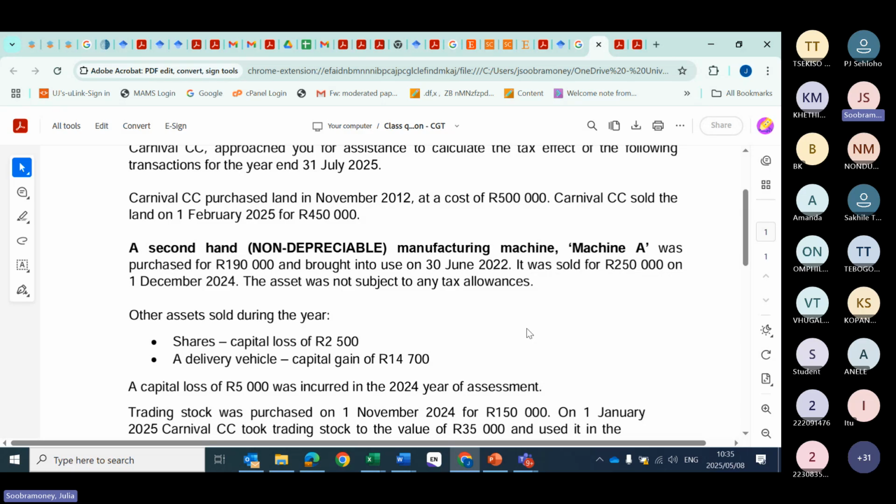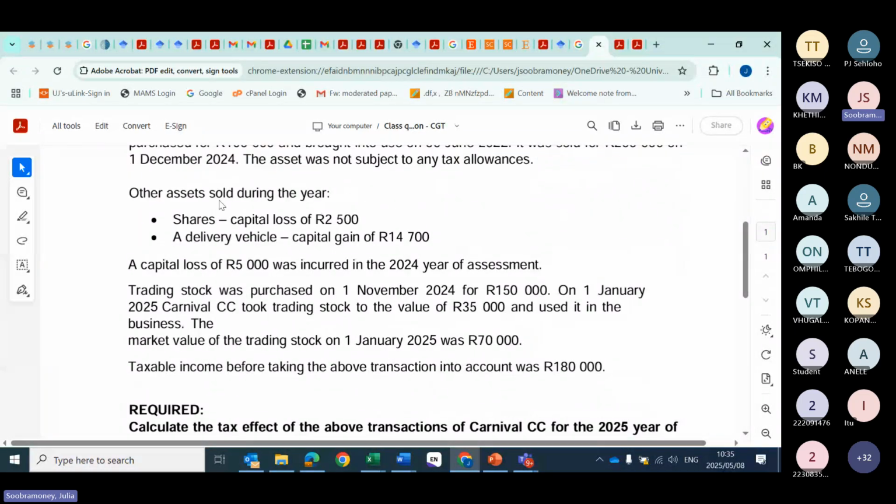Once again, no tax allowances, straightforward, no tax value, no recoupment, straight into CGT. Then it says here, capital, other assets sold, shares, we had a capital loss of 2.5. Delivery vehicles, we had a capital gain of 14,700. And then we had a capital loss of 5,000, which was incurred in the 2024 year of assessment.